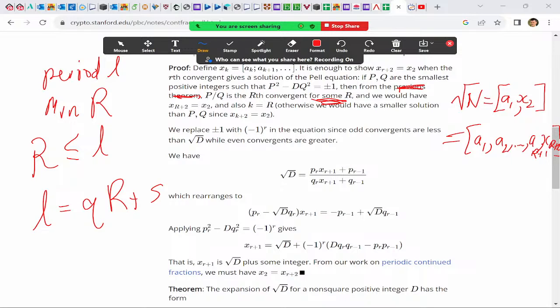I think this is a kind of standard argument. If you write the period in quotient remainder form, the period is some multiple of r plus a remainder s, and s is not 0. Then you look at the continued fraction, you do it at s.